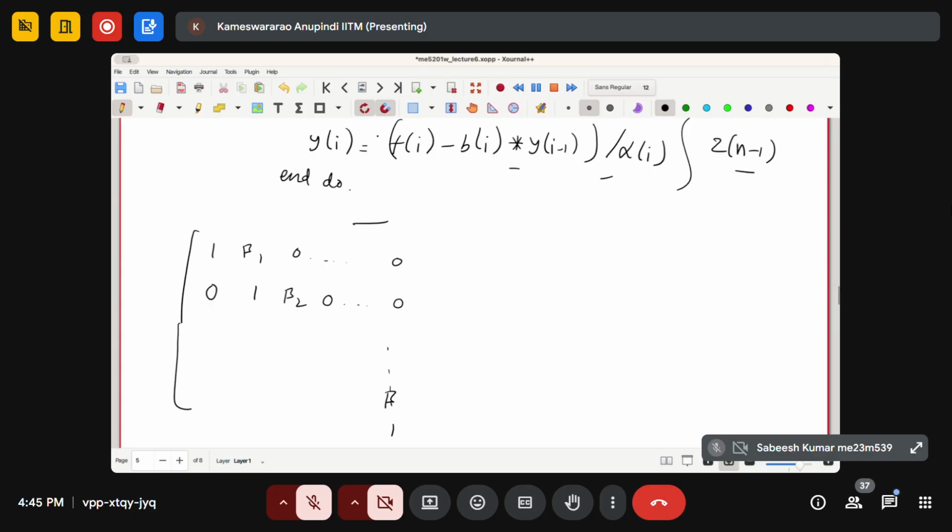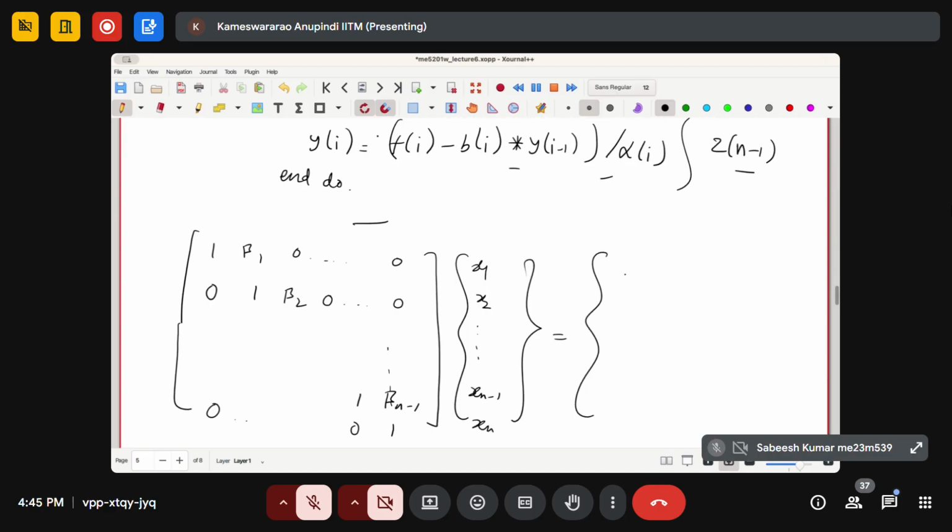We have 1, beta n minus 1, 1, 0, 0, right? So that's what we have. And then here you get x1, x2 all the way to xn minus 1, xn equals y1, y2, y3 all the way to yn minus 1, yn.